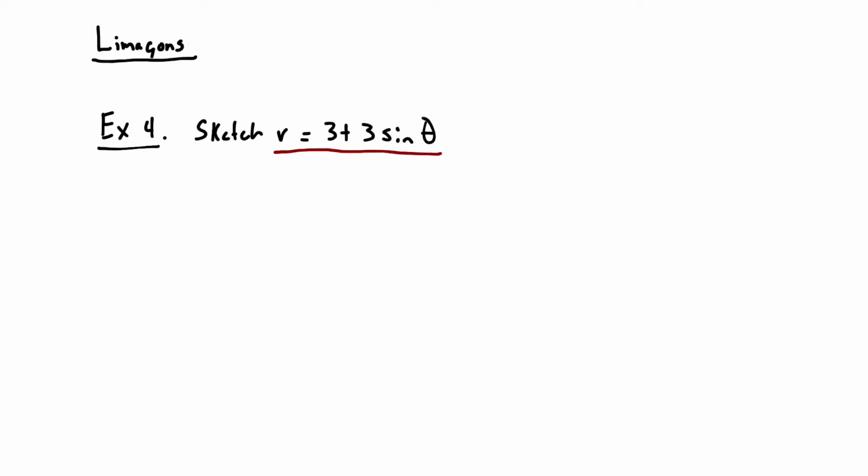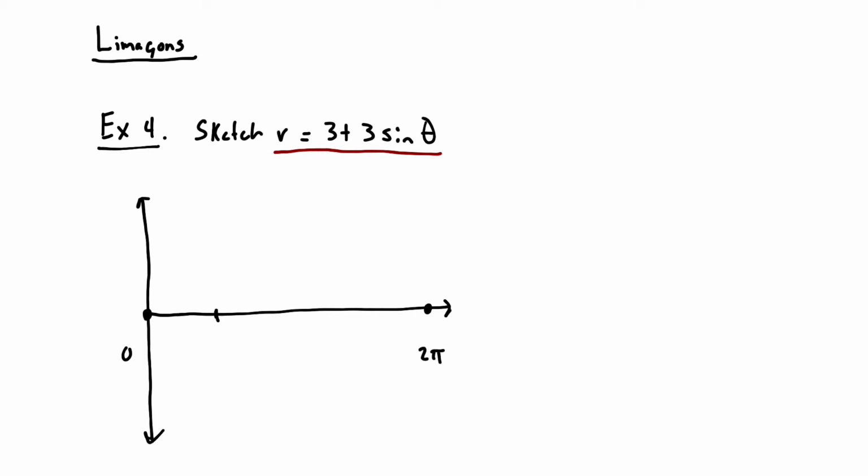So starting off again, let's go ahead and sketch our graph. And we're going to be looking at all the values between 0 and 2 pi. Furthermore, let's specify the points pi divided by 2, pi, and 3 pi divided by 2.